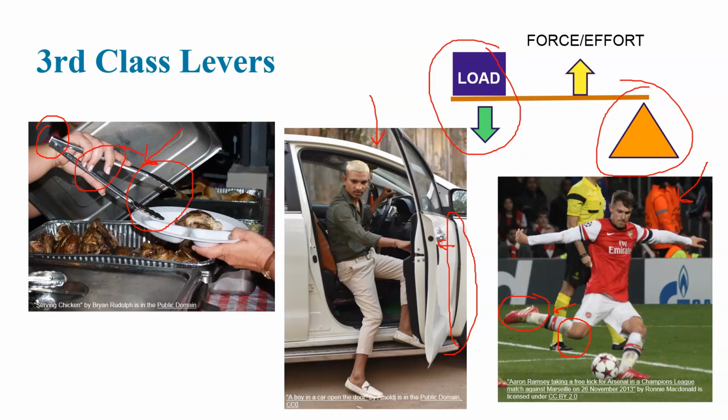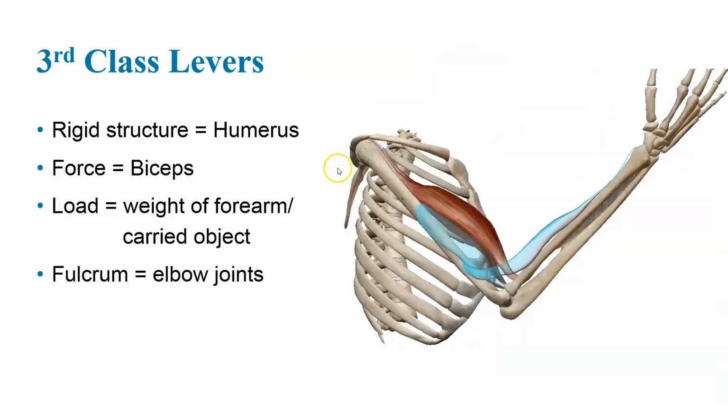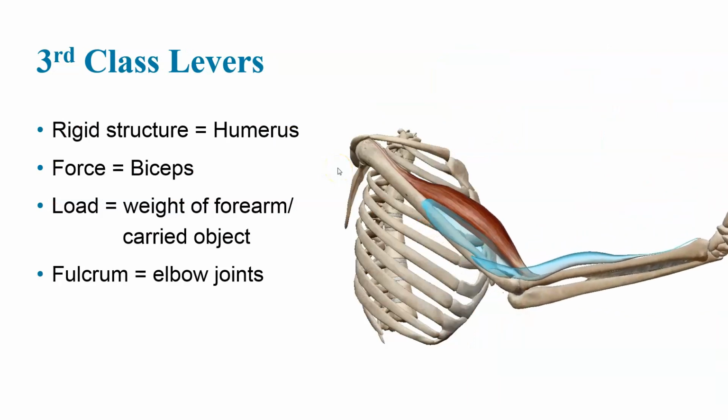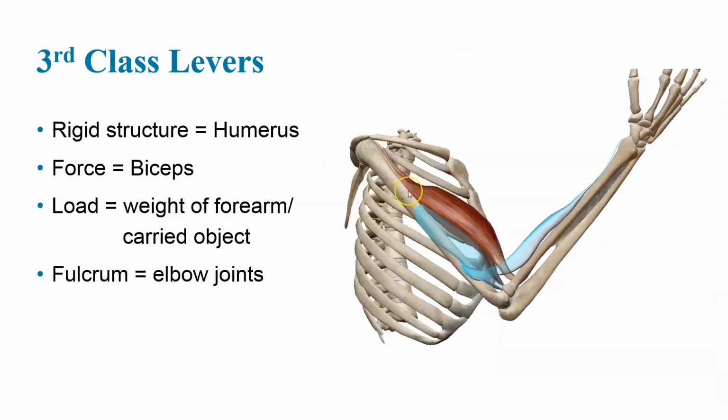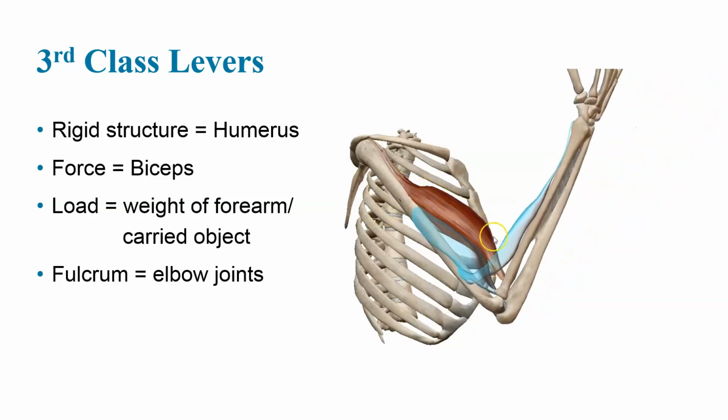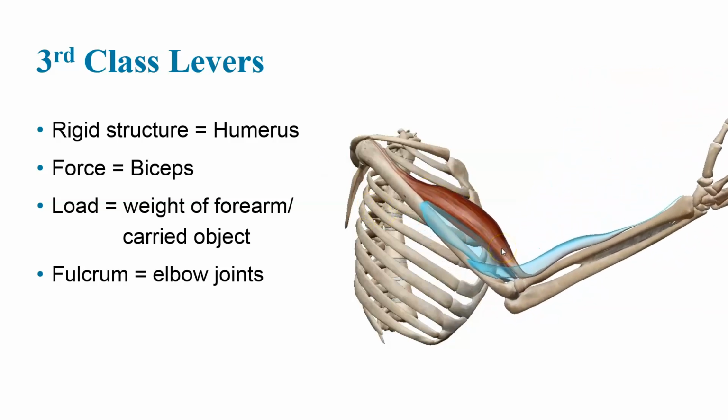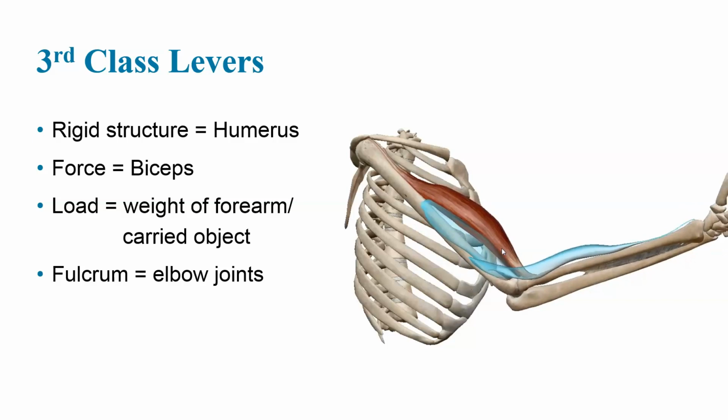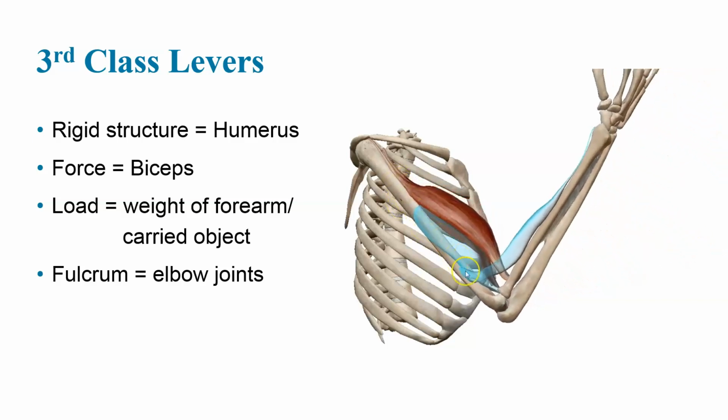Let's look at another example from the human body. The primary function of the biceps brachii muscle, shown here in red, is elbow flexion. During flexion, the angle between two bones, in this case the humerus and the ulna, is reduced.